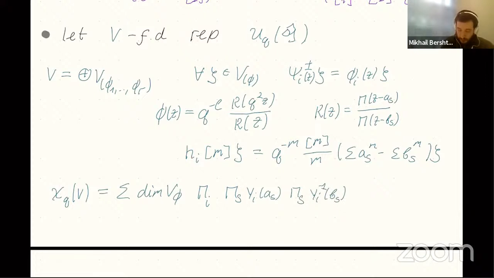Here, for shortness, I omit the region of the product, but of course I do not impose that the number of a's and the number of b's are equal.